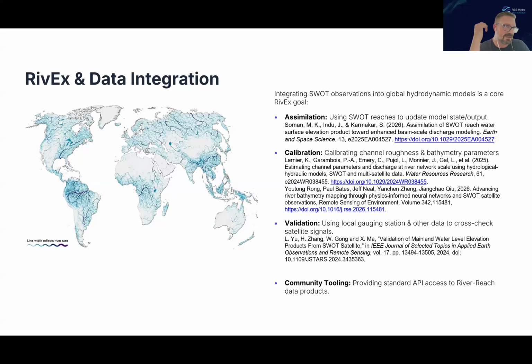It's not an issue, but SWOT was never built to deliver real-time operational data. Still, I think there's the issue of the latency. People would like to see it more frequently. And there are some discussions later from the French initiative on making this the future follow-on constellation mission of little SWOTs. But we can talk about that later.